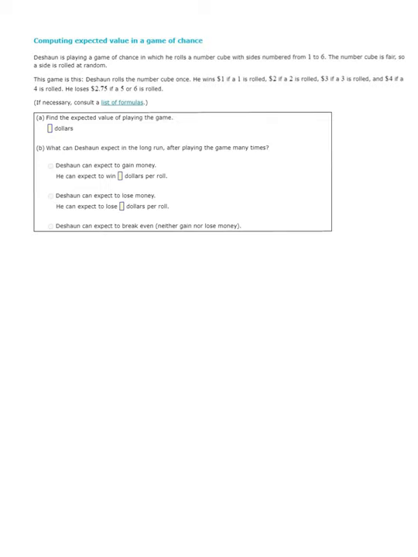So here, we have the probability he's going to roll a 1, a 2, a 3, a 4, a 5, or a 6. The probability of each of these is 1 out of 6. When he rolls a 1, he gets $1.